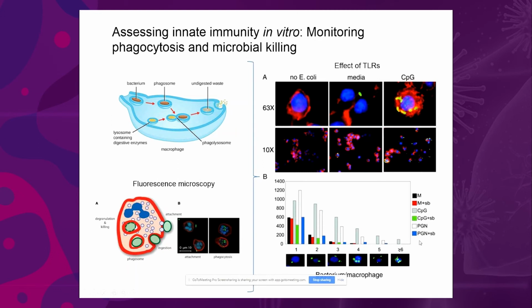And this shows you can measure the bacteria that these cells take up. If you have 1 bacterium per cell on average, you can get a graph. If you have 2 per cell, 3, and so on, you can enumerate this. And as you can see, TLR ligands increase the number of bacteria that the cell takes up to 4, 5, or even 6 in the case of CpG.